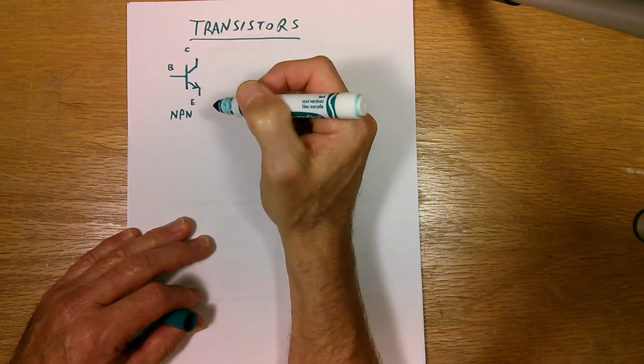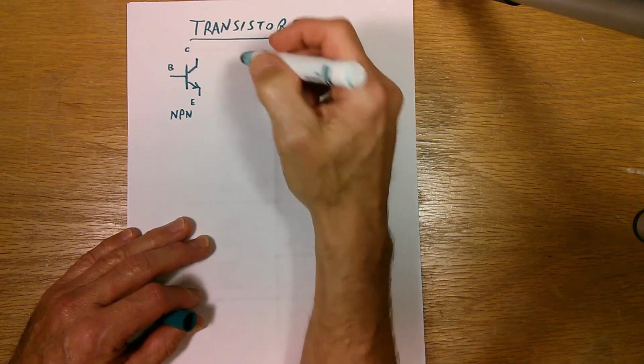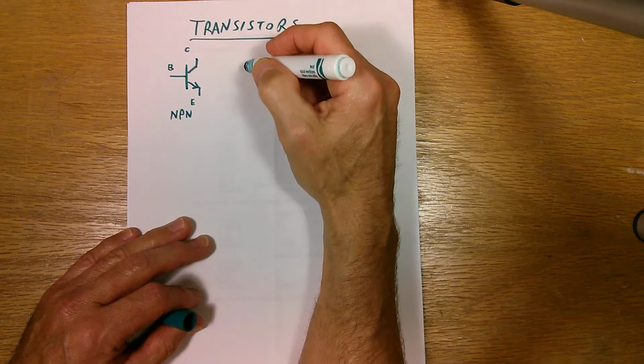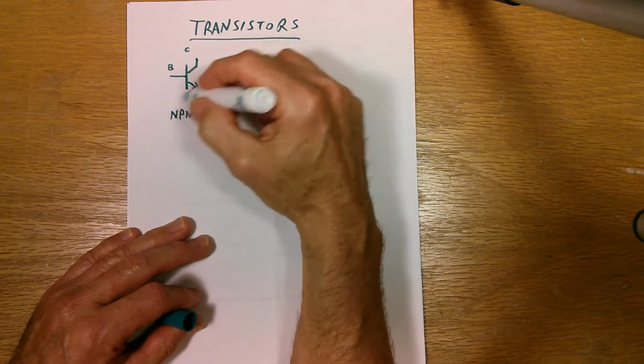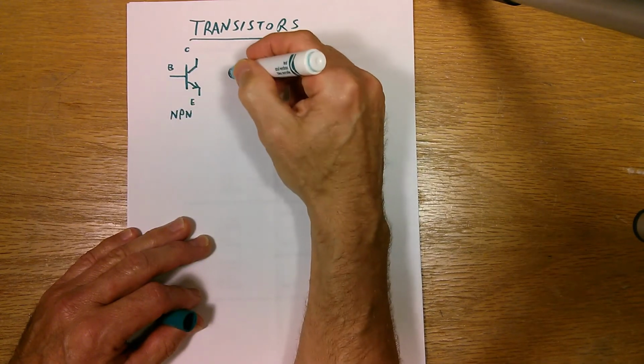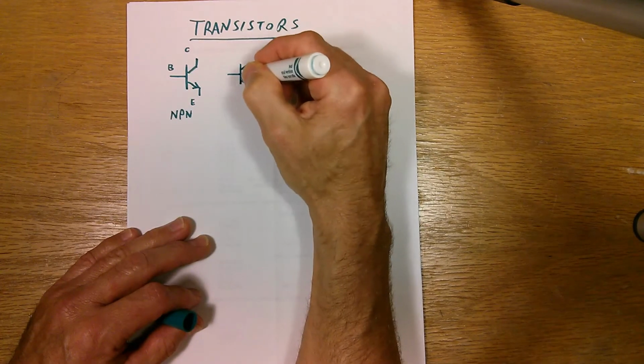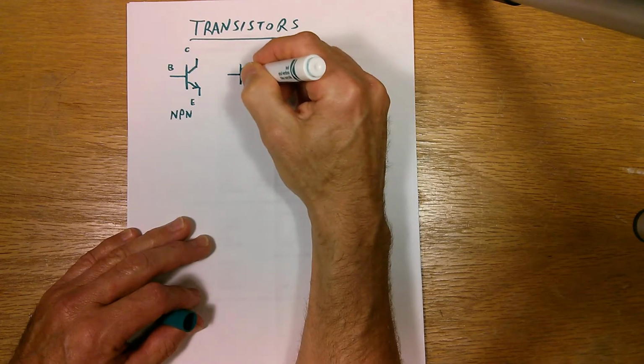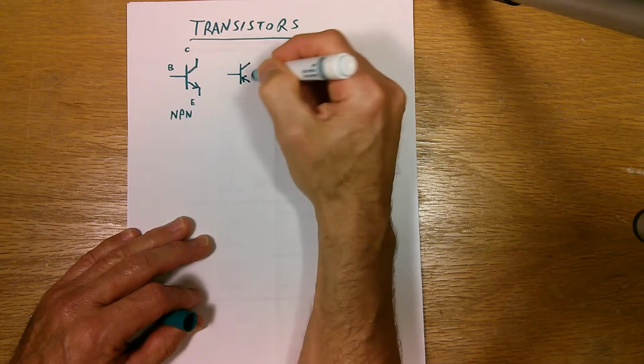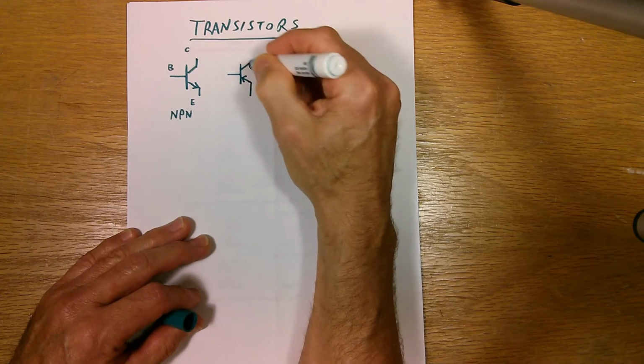These are more common, but the opposite polarity to this is called a PNP transistor, and I'll draw it in the same form. Collector here. This is the emitter, except the difference with this schematic symbol is the arrow points the other way.